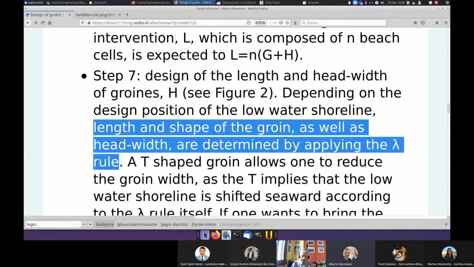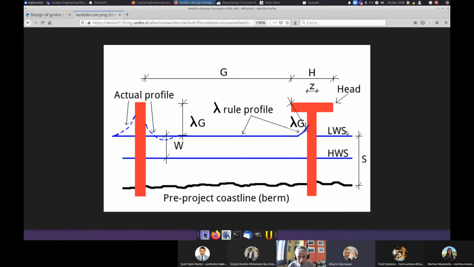Basically, you have to place the low water shoreline at a certain level. So let me go back to the figure. Suppose that you want to bring the low water shoreline here in the figure, then you apply, in the case of rectilinear groin, the lambda rule to estimate the groin length.